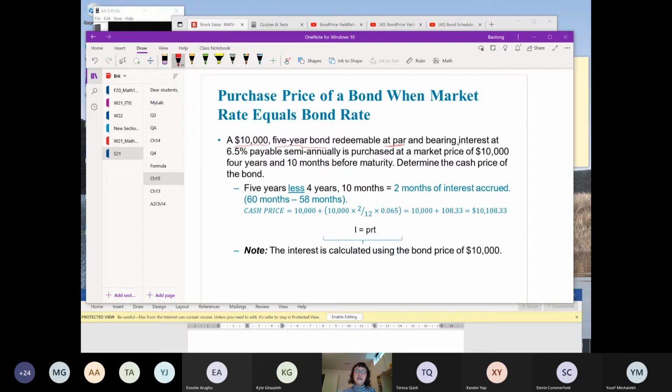Bearing interest at 6.5% payable semi-annually, it is purchased at a market price of $10,000, 4 years and 10 months before maturity. The question asks you to calculate the cash price of the bond.